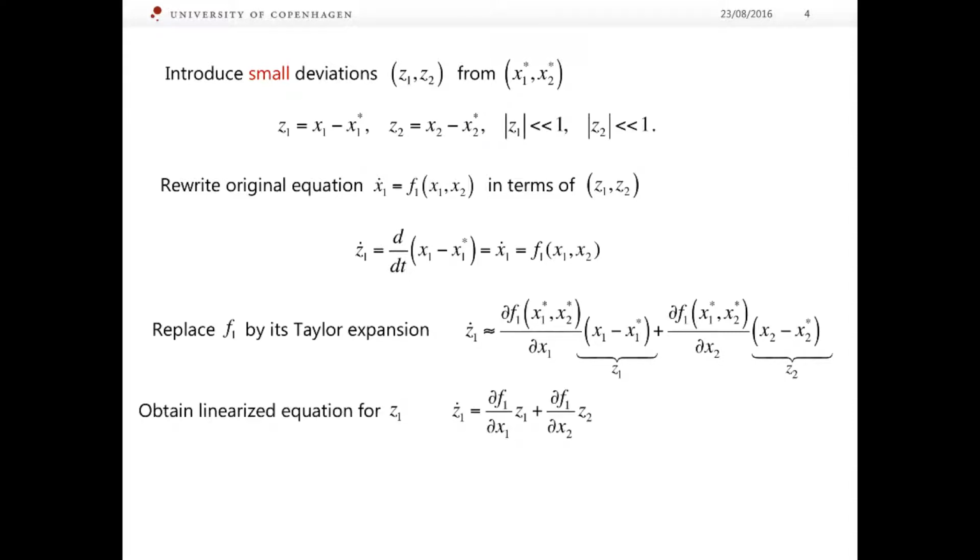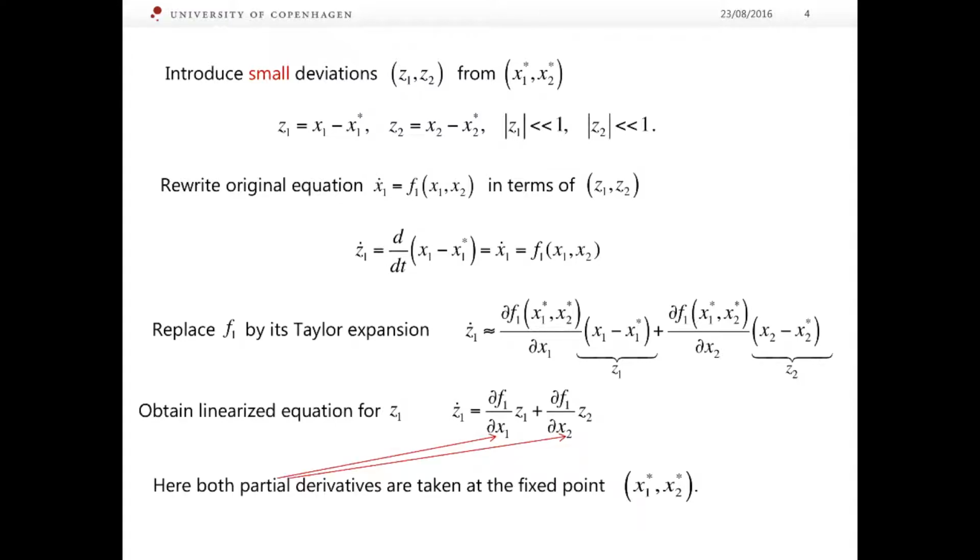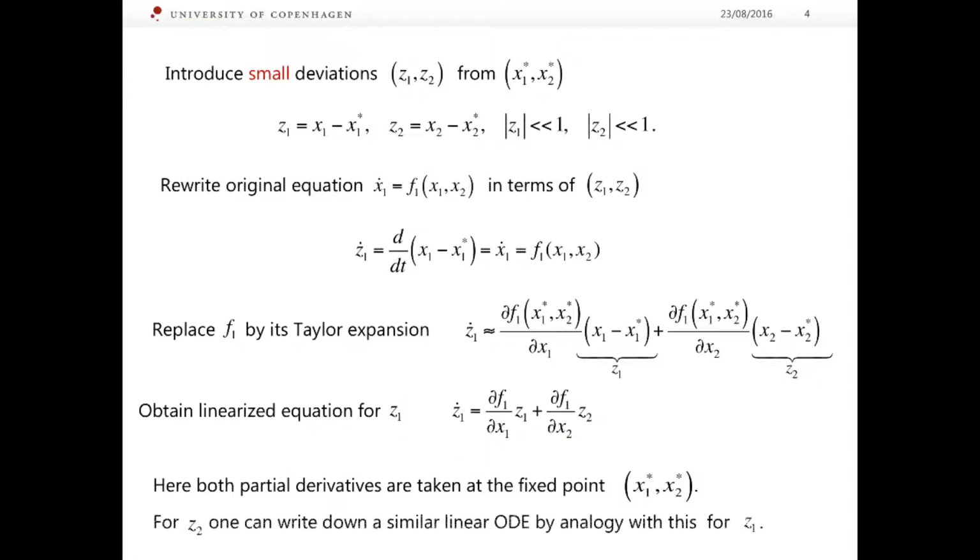Finally, we obtain the linearized equation for the first component of the small deviation from the fixed point, z1. In this equation, both partial derivatives are taken at the fixed point, and we can obtain a very similar expression for the second component of the deviation, z2.